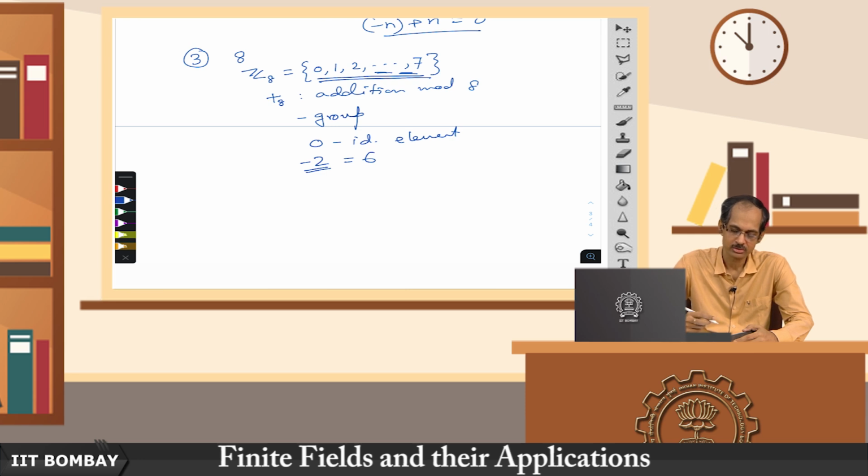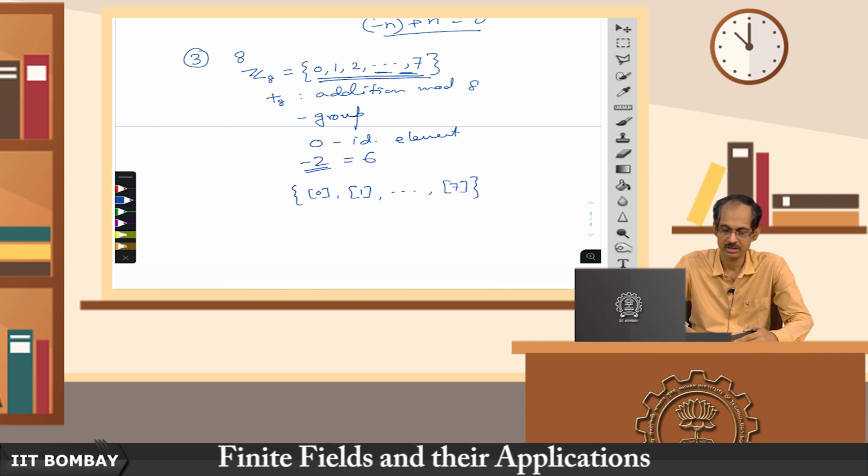Now, if you remember in our discussion on integers, this group can also be thought of as the set of residue classes, congruence classes modulo 8, that we denoted by 0, 1 up to 7.